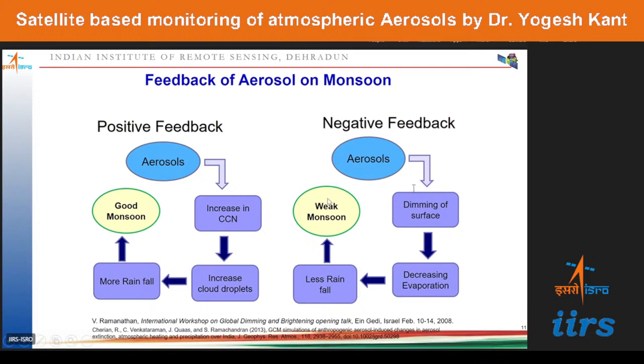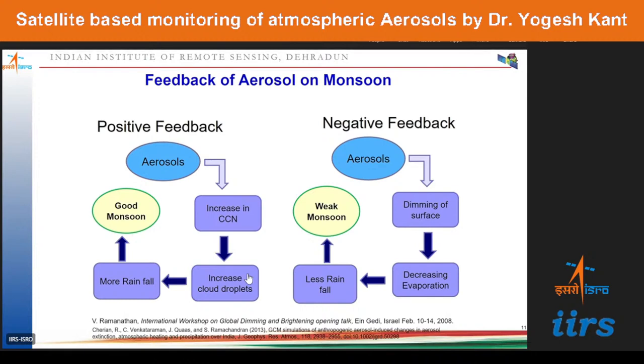Somewhere it helps to propagate or advance the monsoon, but somewhere it also helps to decrease the monsoon. So there are regional and global climate models to better understand it, and a lot of research is going on.